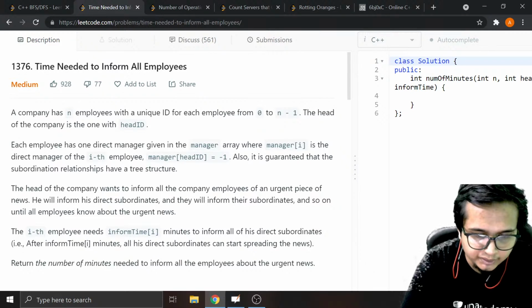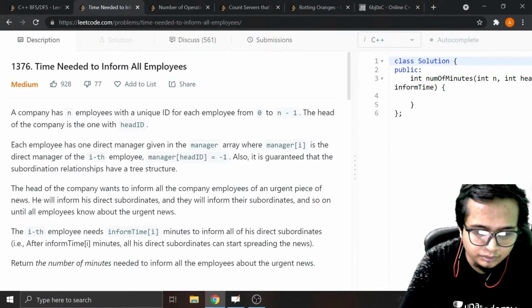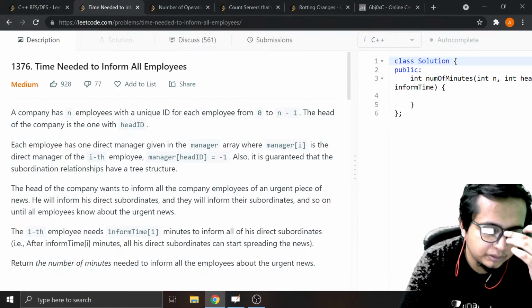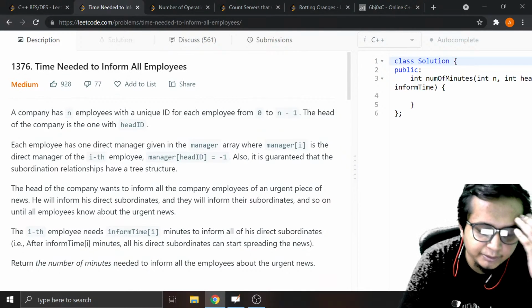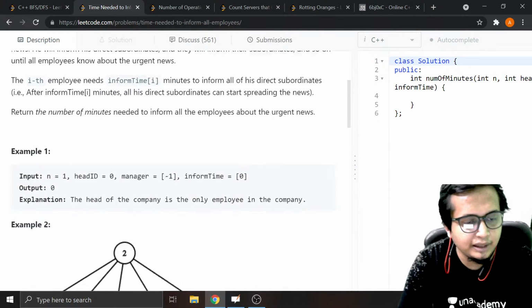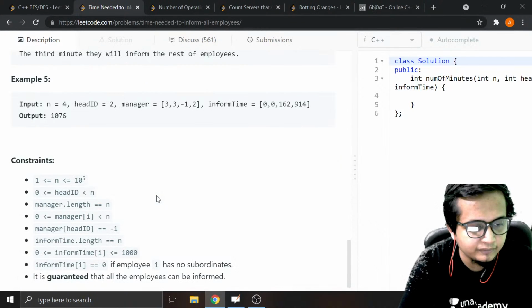So someone is saying BFS. Okay, so how are you going to maintain things using BFS? The expected time complexity is O(n), since n is of the order 10 to the power 5.